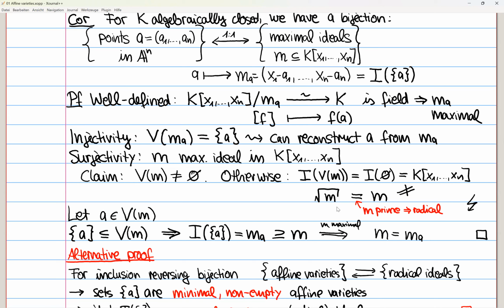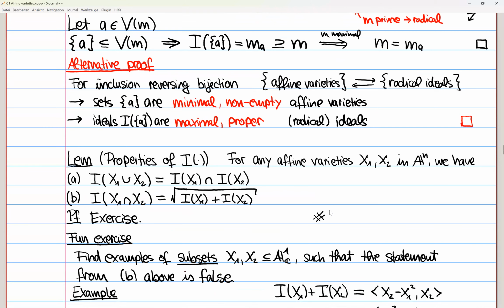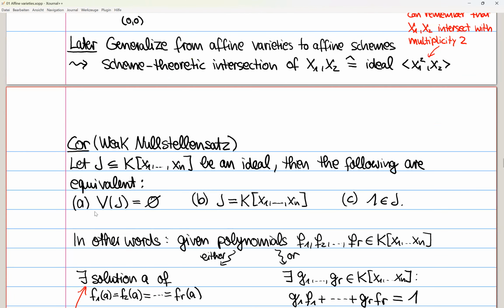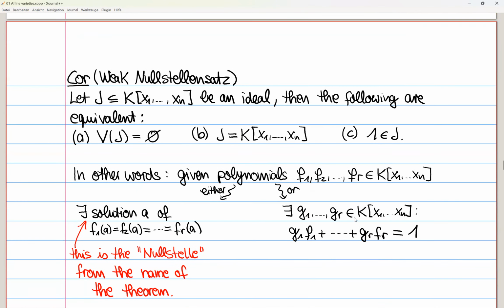And so in particular, everything is the radical of this ideal. So for the element 1 in here, some power of it must be contained in the original ideal. But any power of 1 is still 1. And so 1 is contained in the original ideal. And so in this way, we can prove that A implies C actually. And then we have the full equivalence here. So this was one reformulation of the Nullstellensatz, and that also finishes this video.